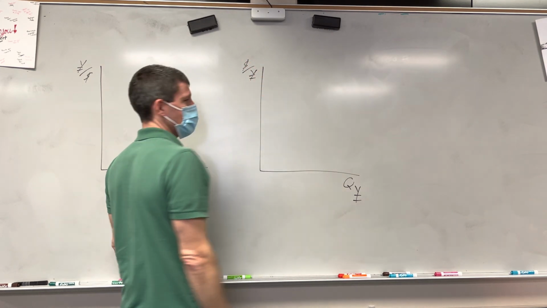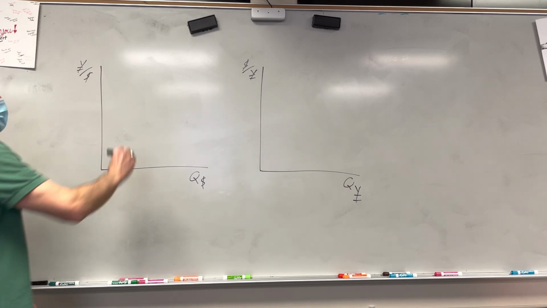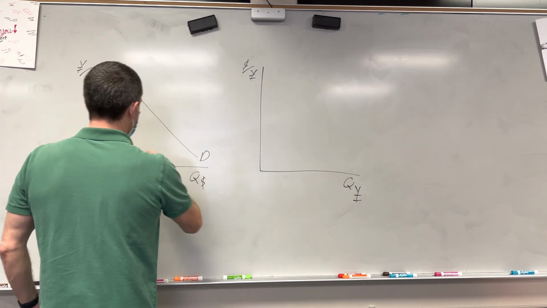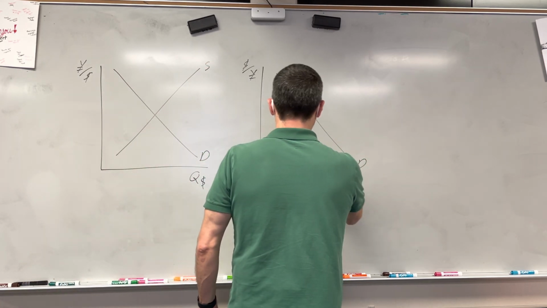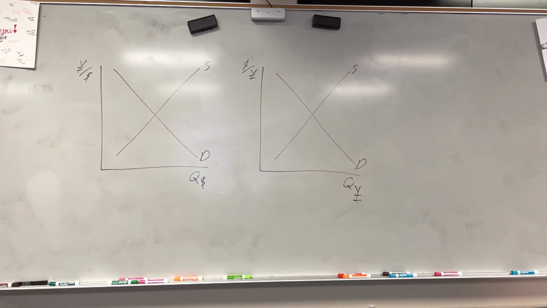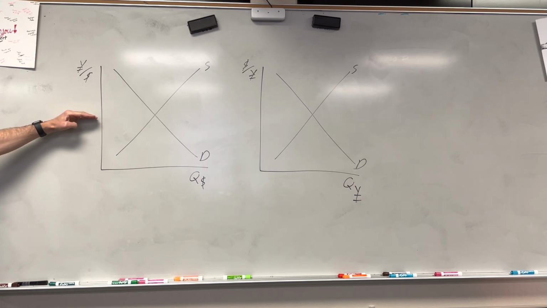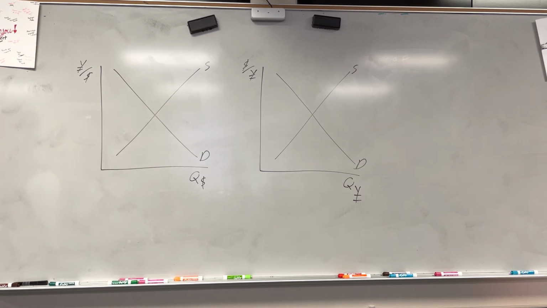So this is the supply and demand for dollars on the foreign exchange market, and this will be the supply and demand for yen. Wherever the equilibrium is, that's going to be the price of dollars currently. That's how many yen it takes to equal $1.